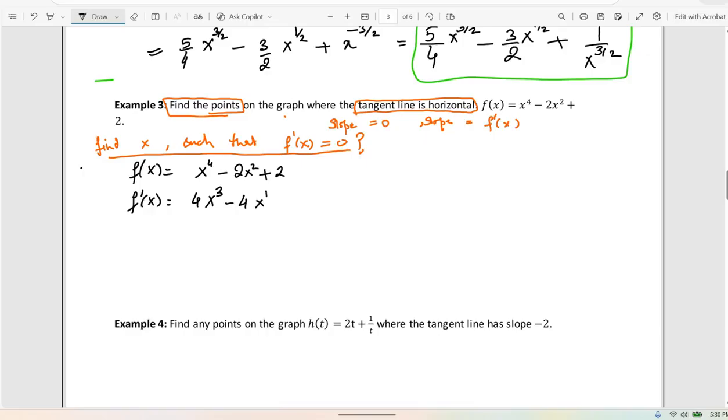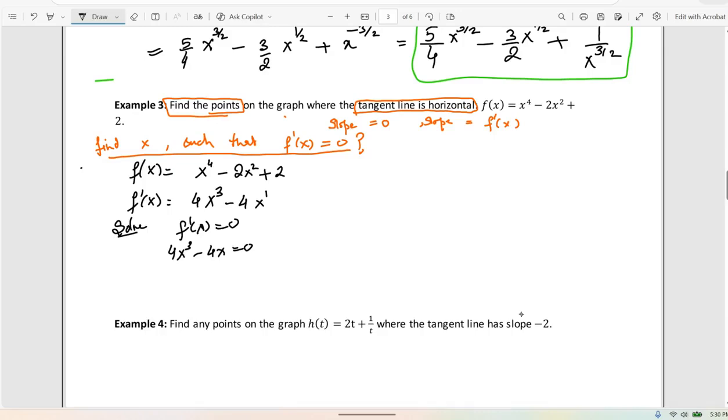So we need to find x such that f prime x is 0. So we need to solve, basically, f prime x equal to 0. What does that mean? f prime x is this. We found it. 4x cubed minus 4x is 0.